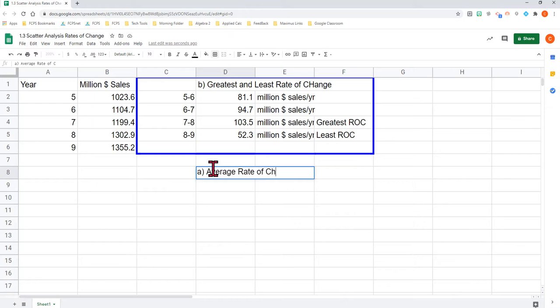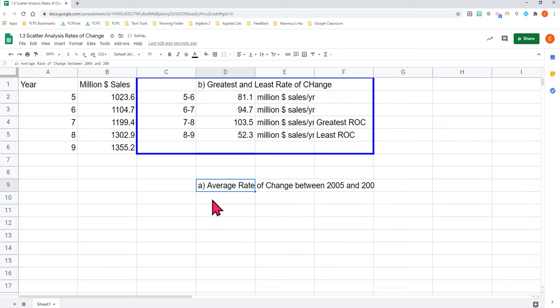Average rate of change. Well, that would be between 2005 and 2009. All right. Okay, here we go.